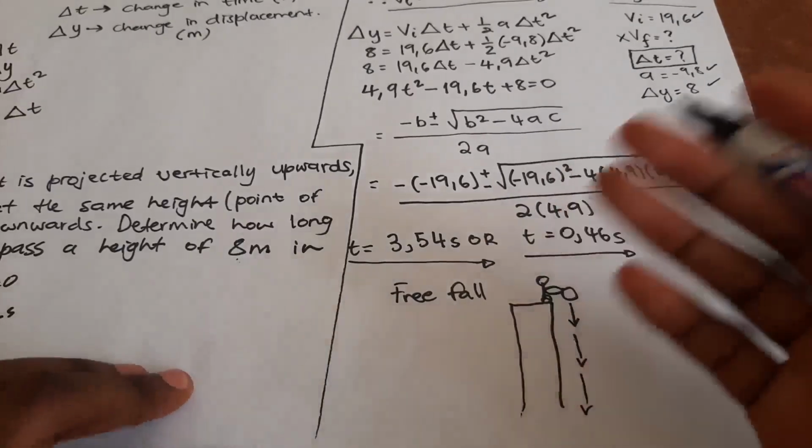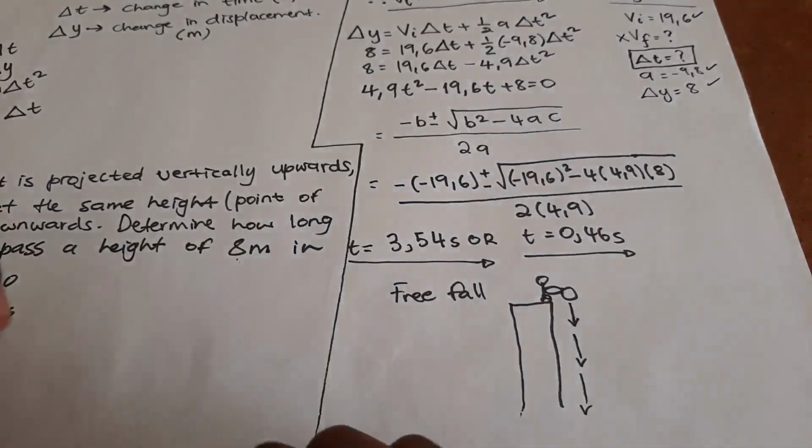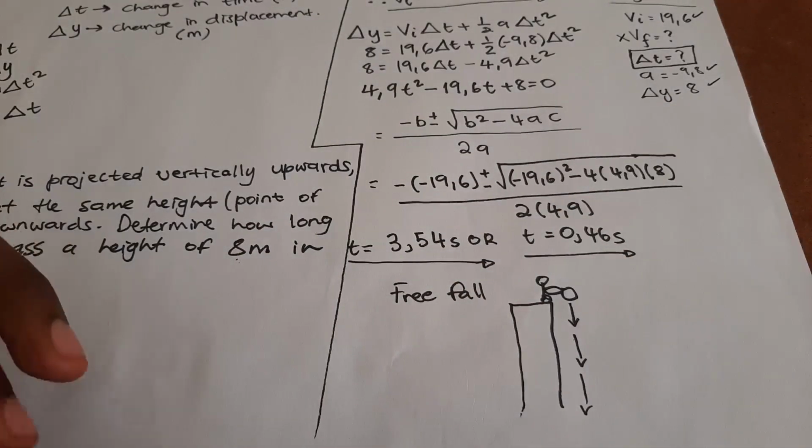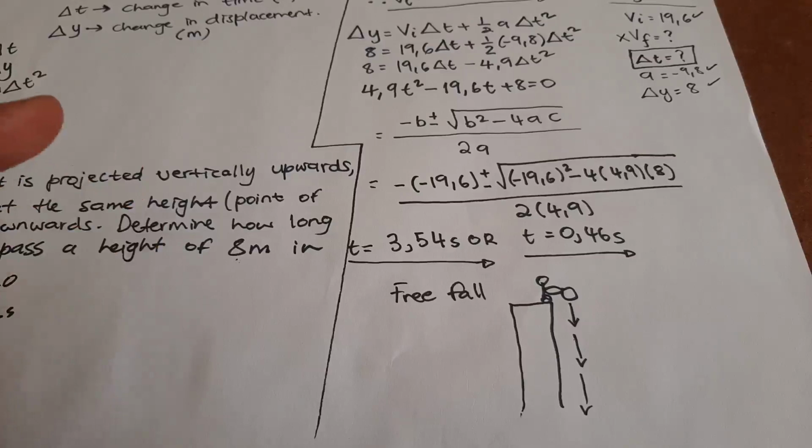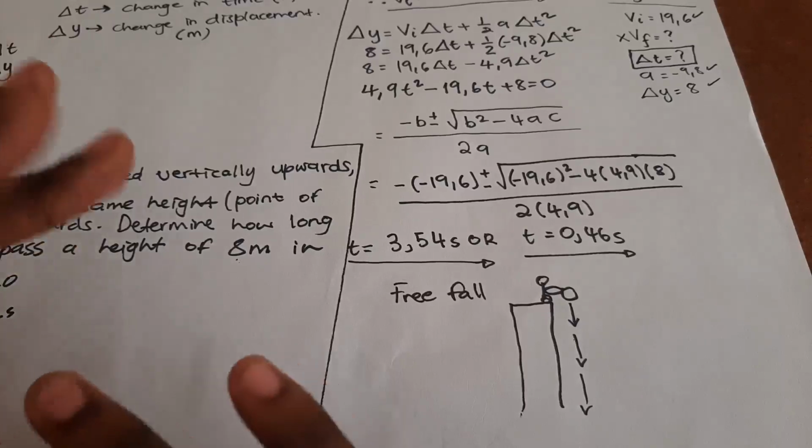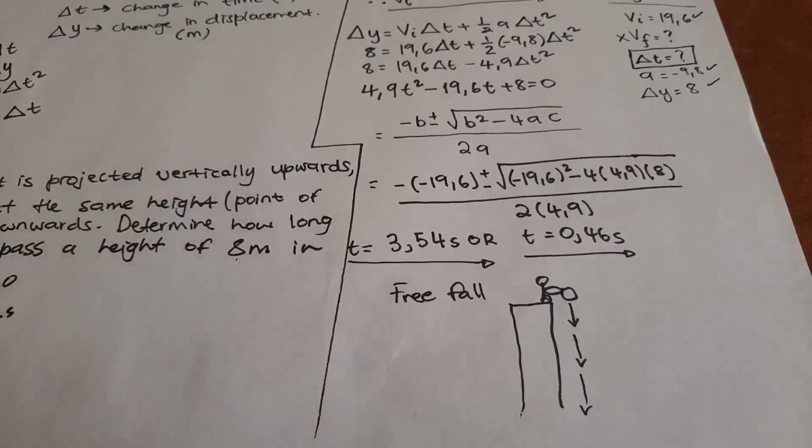A free fall is whereby an object is accelerating downwards or moving downwards with the presence of gravitational force, or I can say the object is experiencing only one force, the gravitational force. That's the free fall. Straightforward, guys.